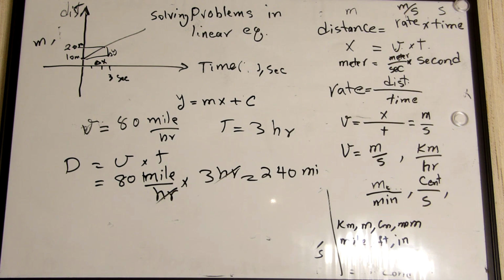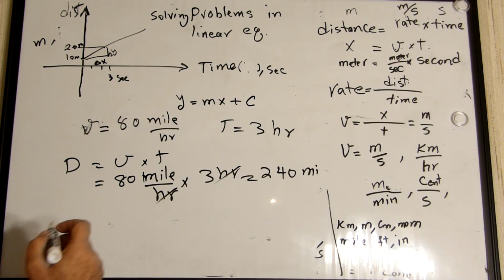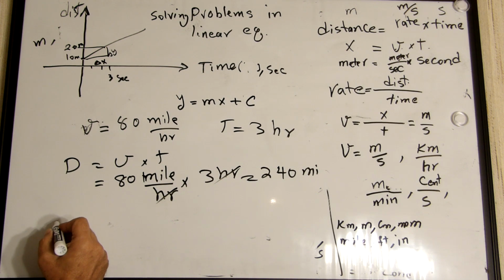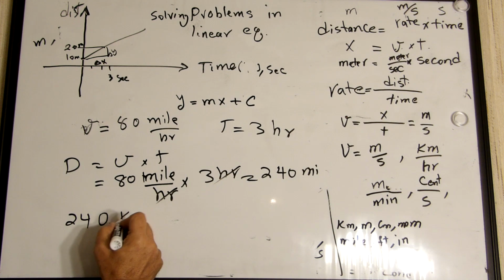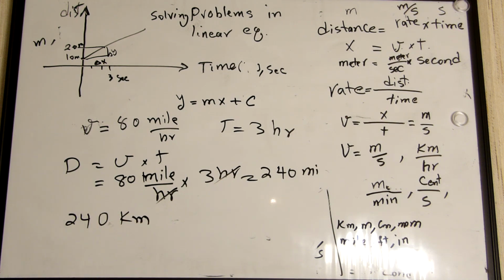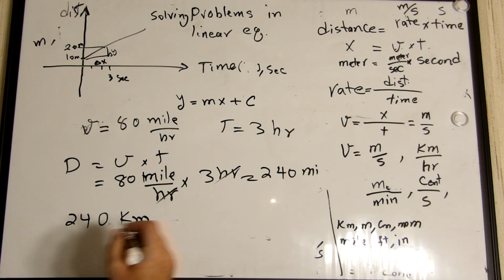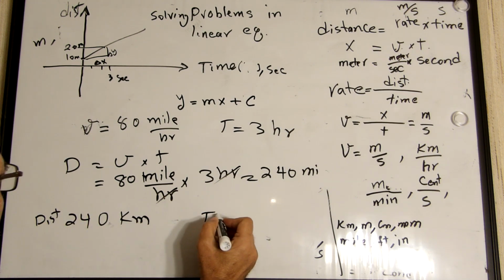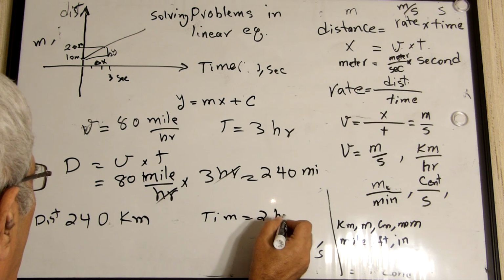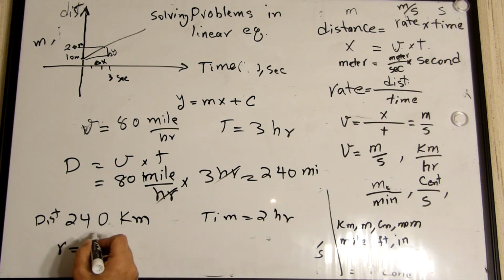Or if a car has traveled a distance of 240 kilometers, for example, and you want to find the rate in 2 hours, the time being 2 hours, you want to find the rate or the velocity.